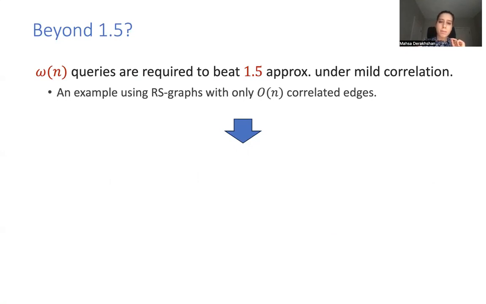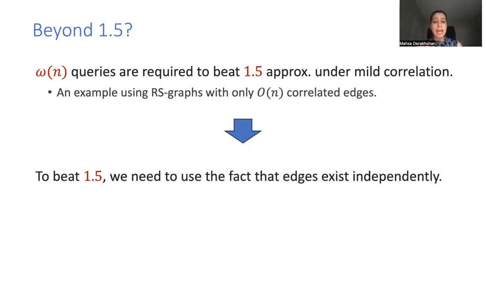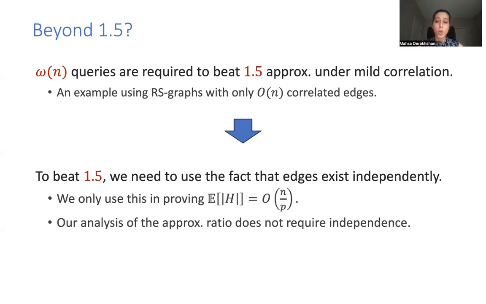It means that you have to strongly use the fact that edges are realized independently to be able to beat 1.5 approximation. In our algorithm, we only use the independent realization of the edges to show that the number of edges that you query is O of n over p. We don't use that at all in the analysis of our approximation ratio. So there is some room for improvement here.